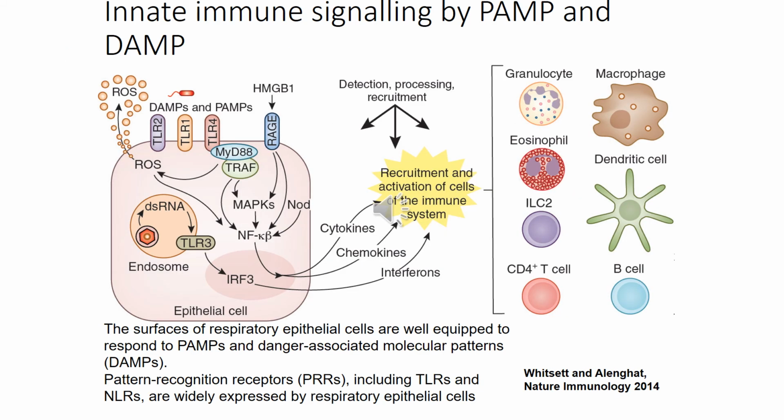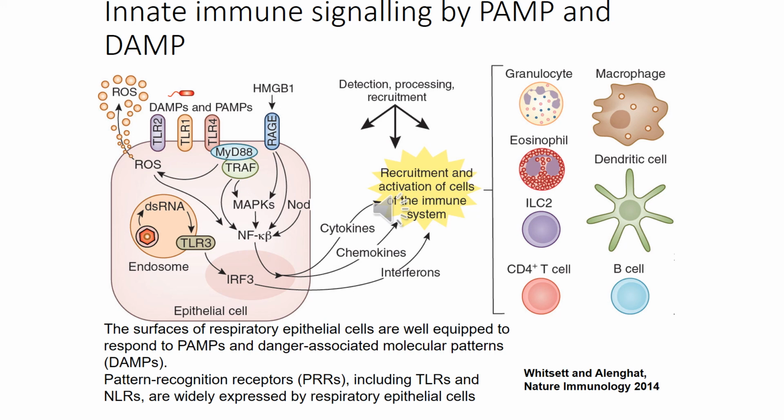So when the epithelial cell encounters, for example, the TLR4 ligand LPS, it will activate NF-kappa B via MYD88. On top of that, IRF3 will be activated via a different pathway. Together they will produce cytokines and chemokines, and the IRF3 will produce interferons, which will recruit and activate immune cells, or directly, as in the case of interferon, activate neighboring epithelial cells and help them to restrict viral replication.